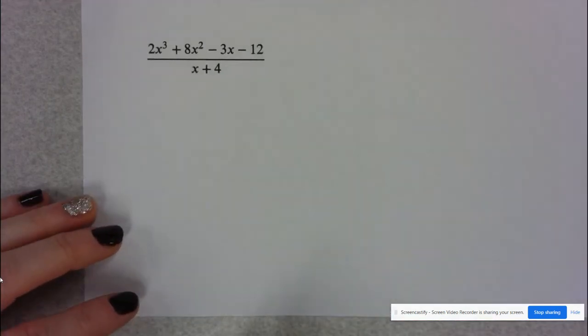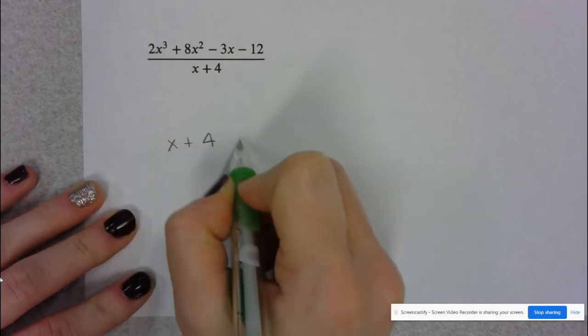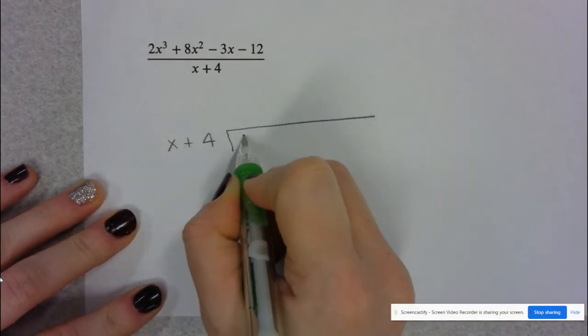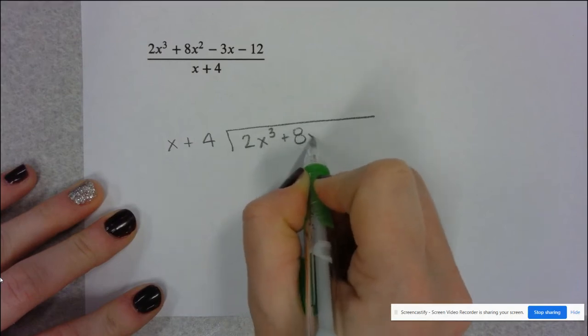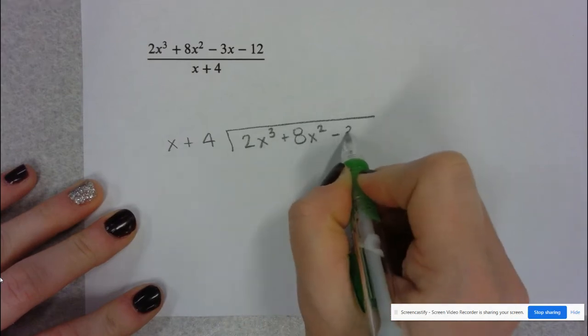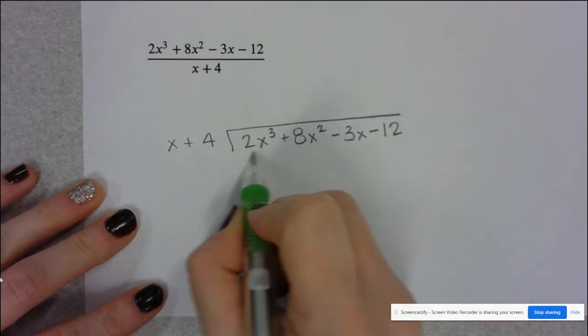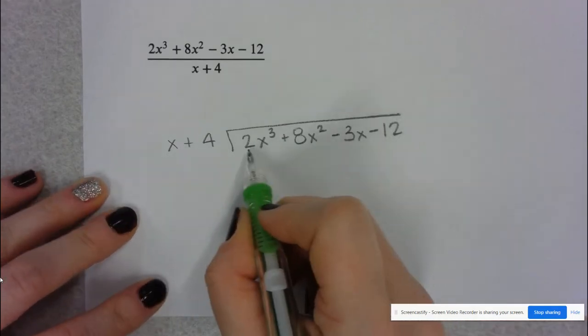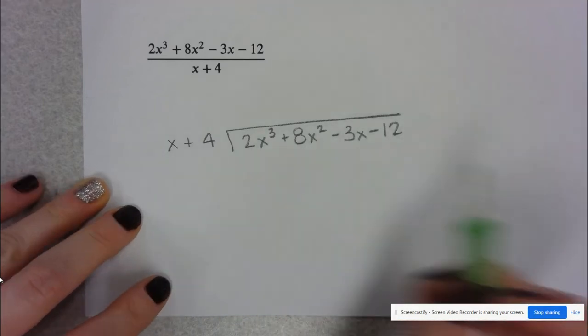All right, so let's do this one. So we got x plus 4 here. Got 2x cubed plus 8x squared minus 3x minus 12. Looking quick inspection-wise, I have 3, 2, 1, and constant for my exponents.